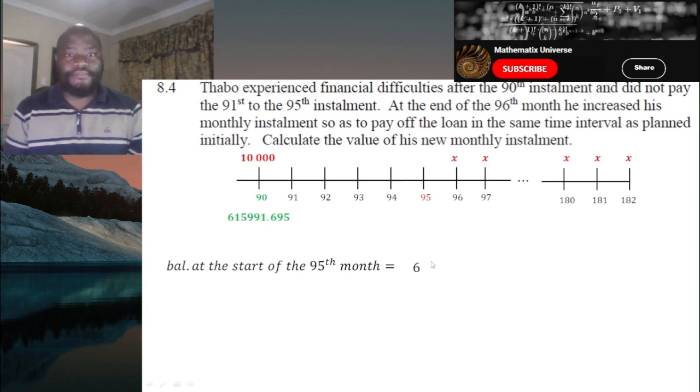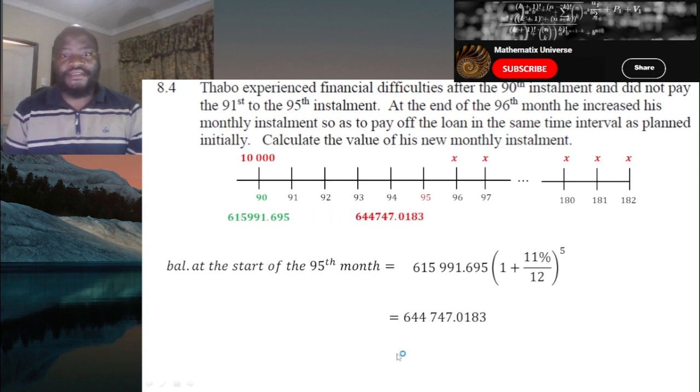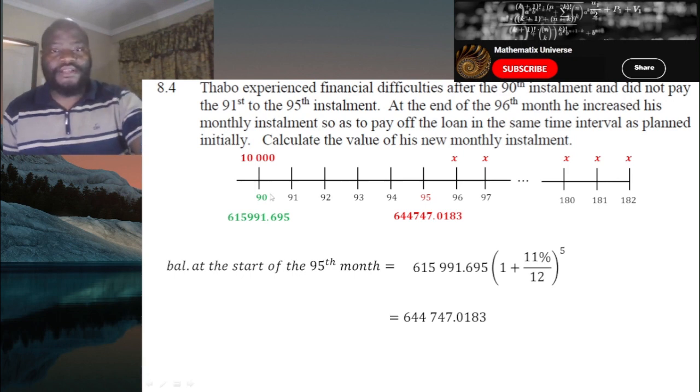So let's do that. We're simply going to move this with a normal bracket raised to the 5, and then this gives us 644,747. I forgot to show this on a calculator.